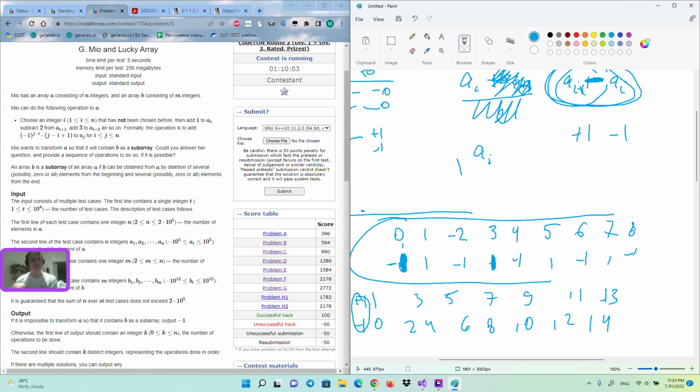So if the parity is incorrect, parity cannot be incorrect. Oh my god. I really hate it. It's awful. It's damn awful.